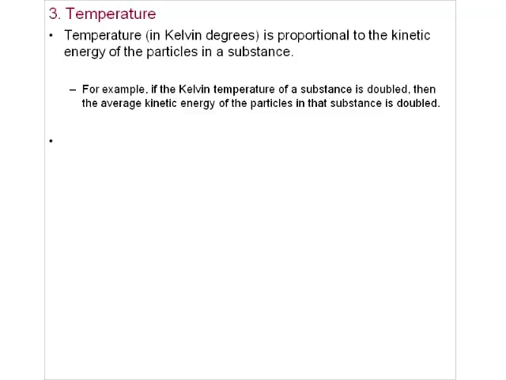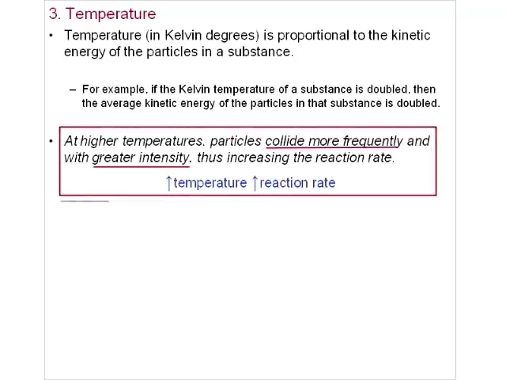So the molecules are going to be moving much more quickly at a higher temperature. And if they're moving more quickly, they're going to collide more often because they're moving faster, right? People who speed in their cars are at a greater chance of having an accident because they need more room to maneuver. They need a bigger highway.